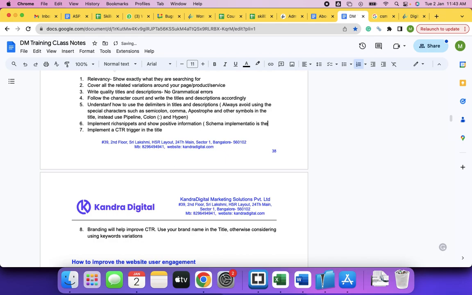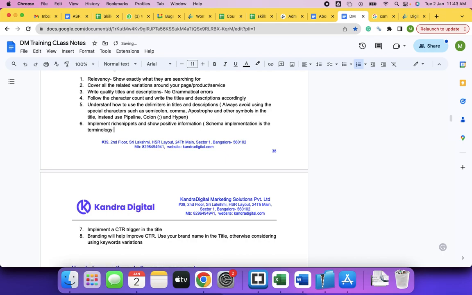is the terminology used in wrapping the key information in the schema code.